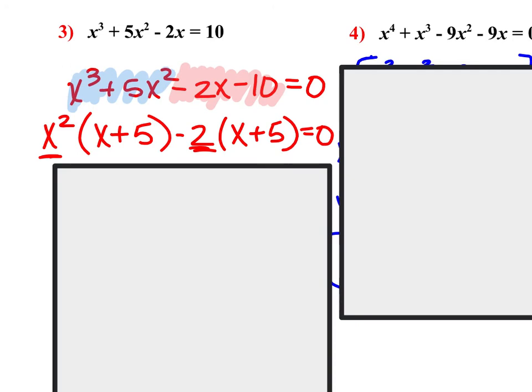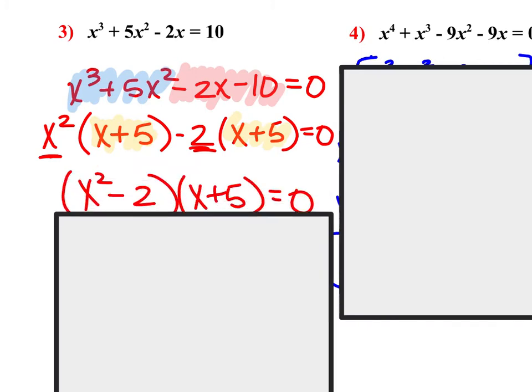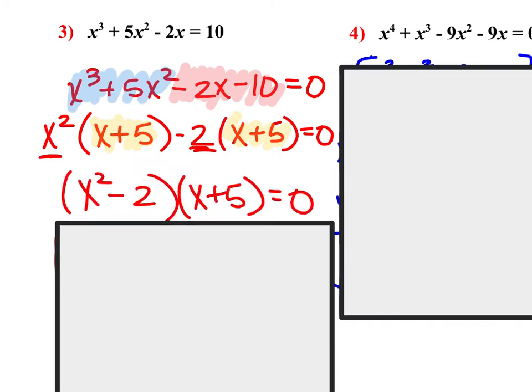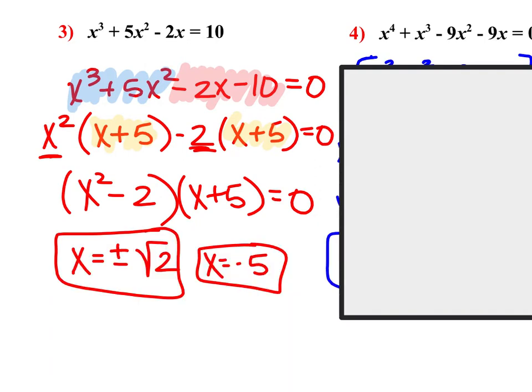Once you've done this, the stuff inside parentheses should match, and sure enough, it does. So you're going to pull that GCF out and see what you're left with. Here, in this case, we're left with the x squared and the minus 2, so x squared minus 2. And then set each individual factor equal to 0 to solve.